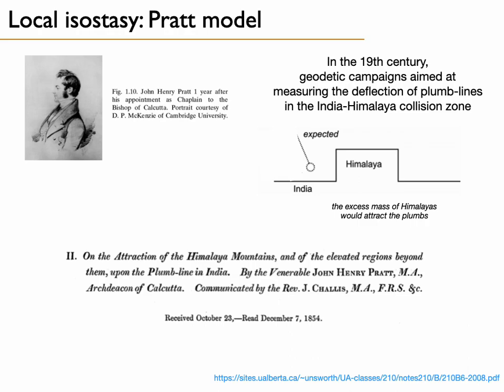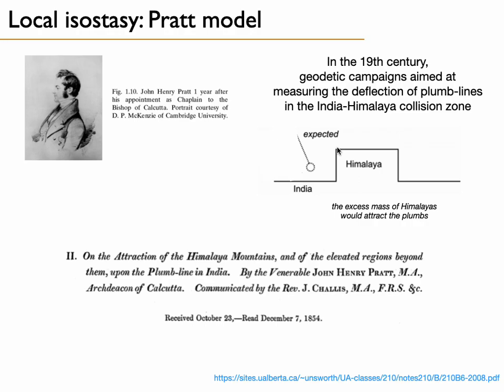In the 19th century, geodetic campaigns were aiming at measuring the deflection of plumb lines in the India-Himalaya collision zone. So what does it mean? The idea was that the mountains are high in the Himalayas, so the mean altitude of the plateau may be 5 kilometers. So they represent mass excess.